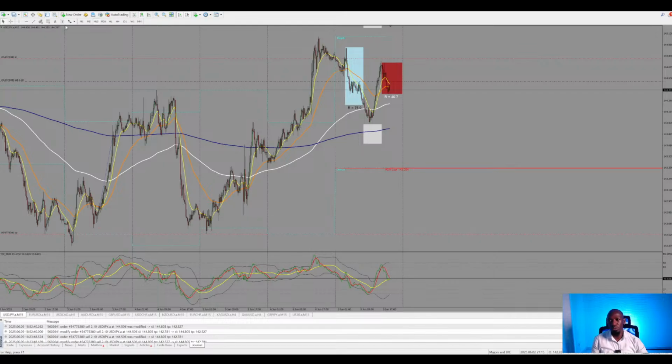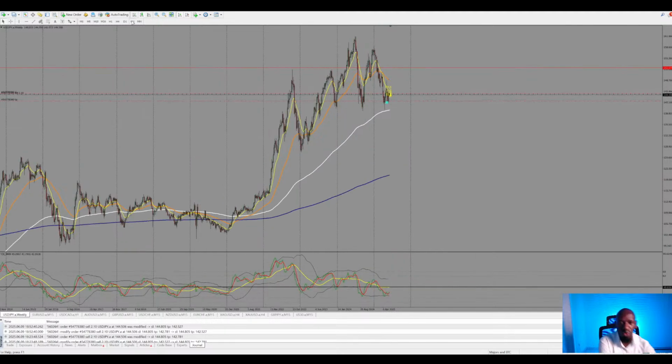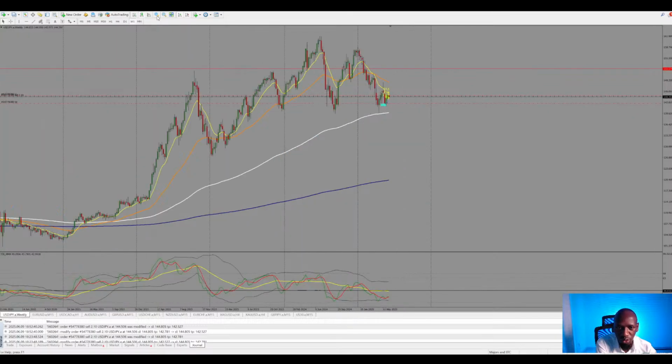So for this specific chart, which is the UJ, let's go to the weekly time frame. On the weekly time frame, we see that, according to the shape, the trend is currently showing a downward trend on the weekly chart.